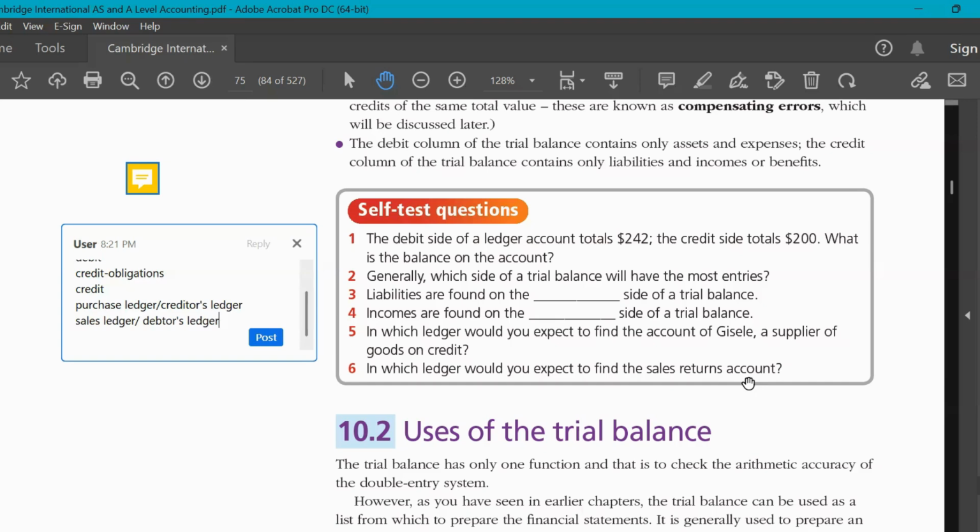Since they relate to the customer, also known as the debtors, they are recorded in the sales ledger. Again, debit balance: assets plus the expenses. Credit balance: liabilities, income, and the capital.